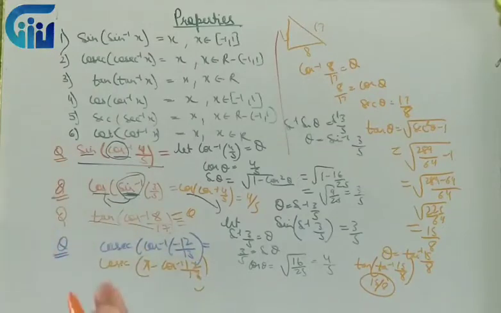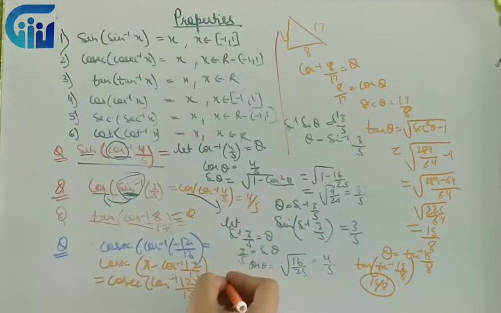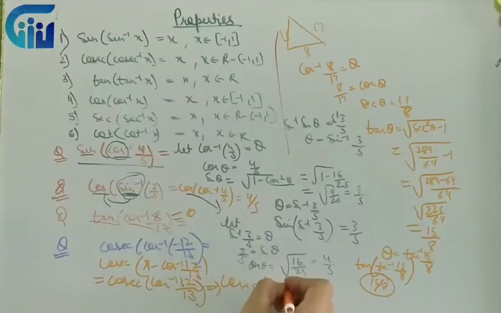I am in the second quadrant, cosec is positive, so we will write it as cosec cos inverse 12 by 13, right? Cosec cos inverse 12 by 13. Now again I will follow the same procedure that I did for this, and we will change it to cosec. So you can follow the same way. So cosec inverse of 13 by 5. So my answer will be 13 by 5, right?